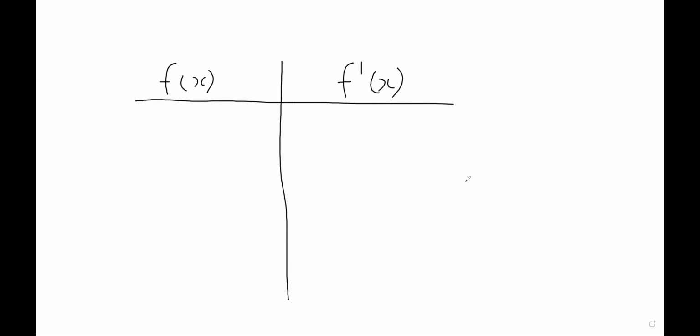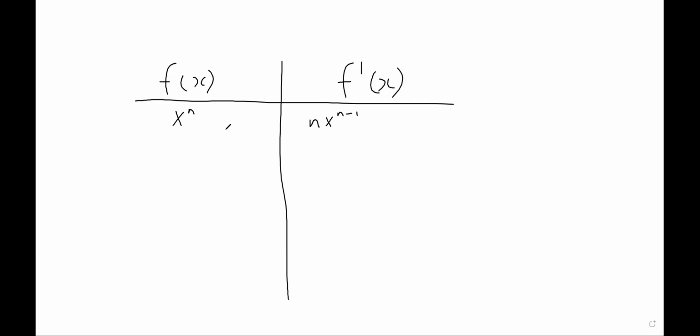So we all should know this one. Pretty simple. X raised to the power of n, and the differential of that is that we carry down the power, which is n, times x raised to the power n minus 1. So subtract 1 from the power. Simple differentiation. And I'm sure everyone knows this one, right?